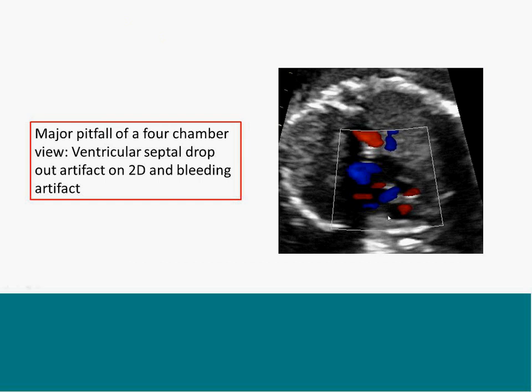A major pitfall in a 4-chamber view is the false defects. So you can see here a ventricular septal defect which actually is not there, but you can see false dropouts. And there are artifacts which you could see on 2D and also on color Doppler.